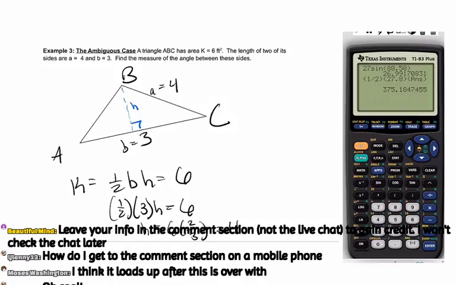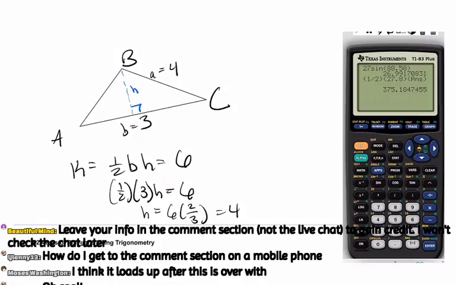So can you tell me what is the measure of angle C? We said that the side A is 4, the height is 4. So could somebody tell me what's the measure of angle C? All right. So you still have a solid 2 minutes to answer that from right now.